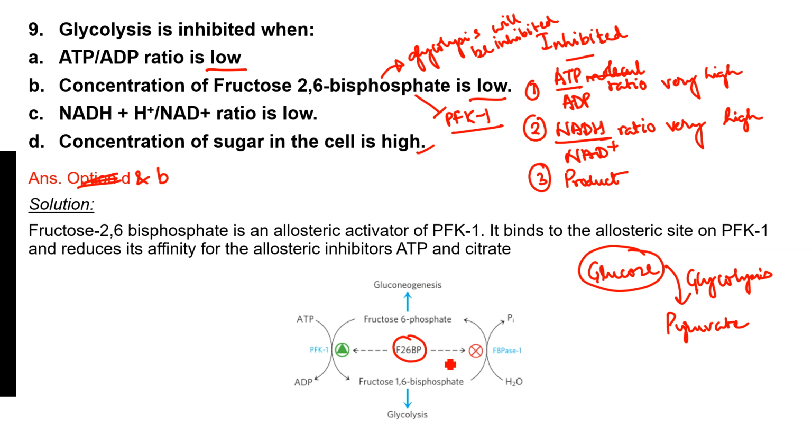And if fructose 2,6 bisphosphate is in low concentration, then phosphofructokinase 1 will not be activated, and hence the glycolysis pathway will be inhibited. So the answer will be option number B.